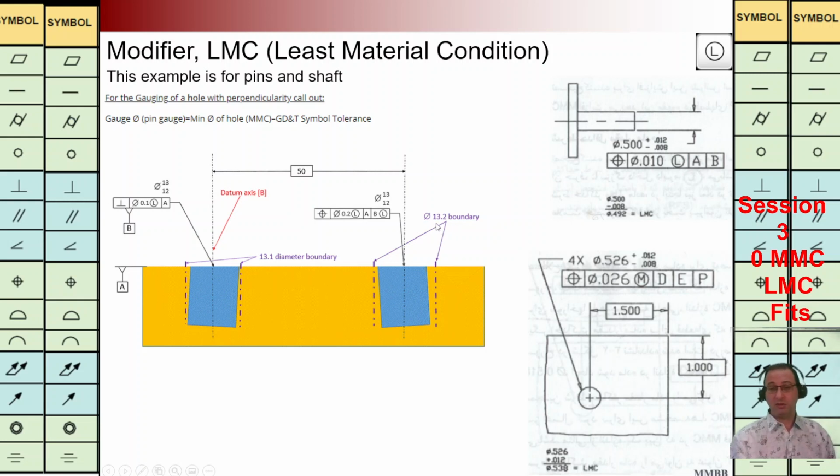We should have the biggest hole, 13 plus 0.2, and then the positioning of the center of the hole can change in this interval 0.2, and it's going to change based on the hole diameter. It is dynamic tolerance, the same as always. When we have LMC or MMC condition, it means we are going to have a dynamic tolerance.